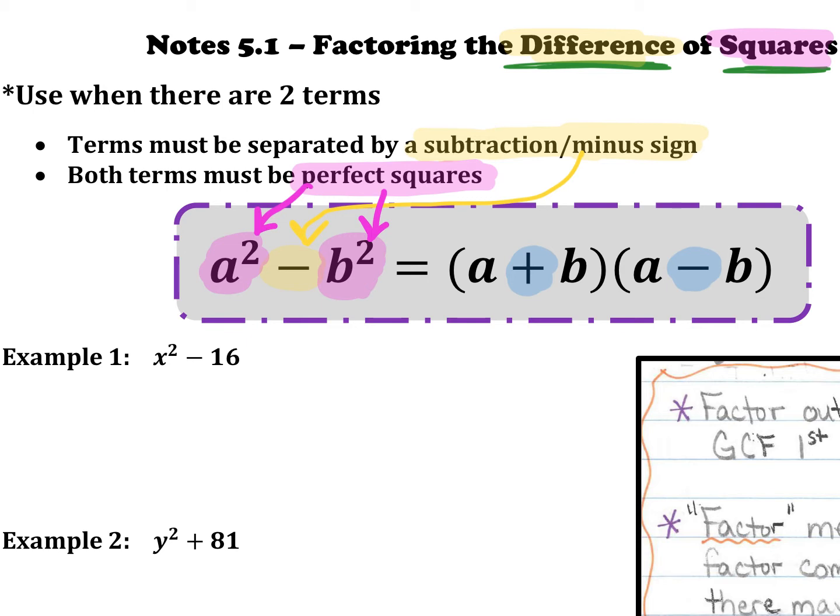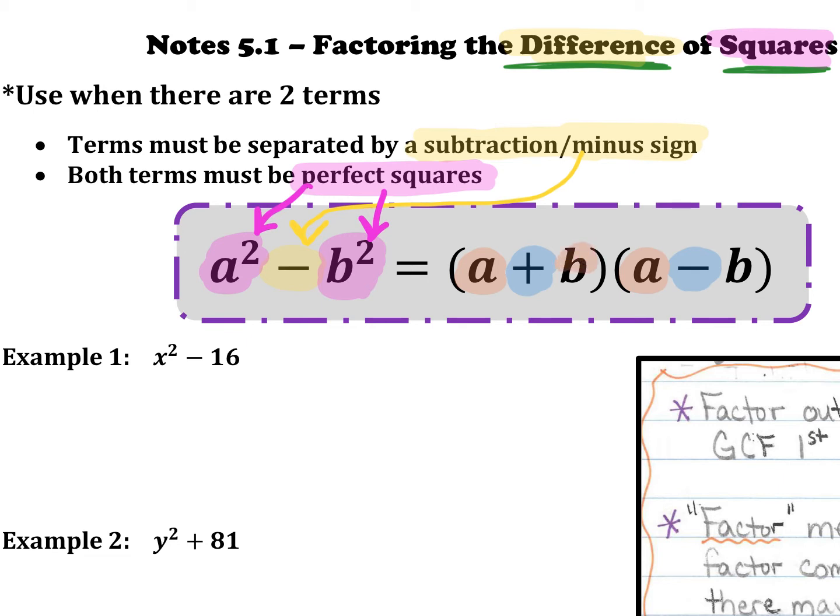Now what we do is we take the first perfect square, and we're going to take the square root of that. In our generic pattern, it's an a squared. Notice they used a in the first spot in front of the plus and the minus sign. And then after the subtraction sign, the second perfect square was b squared, so the square root of that is b.